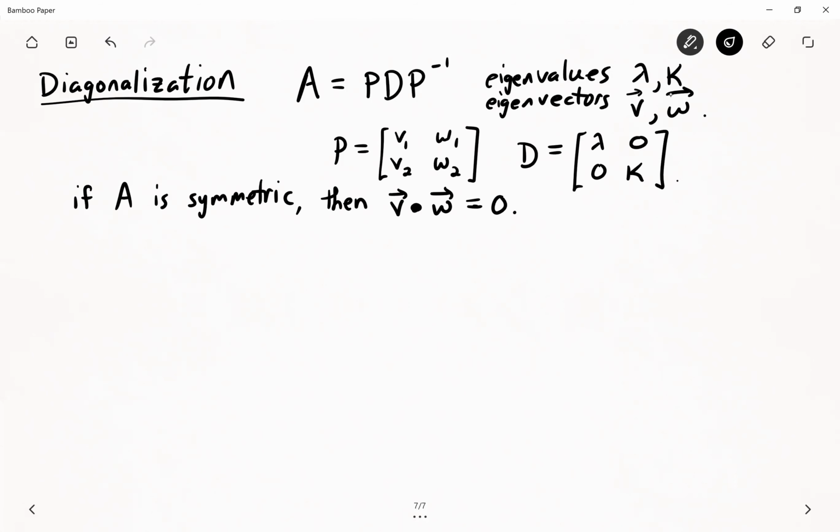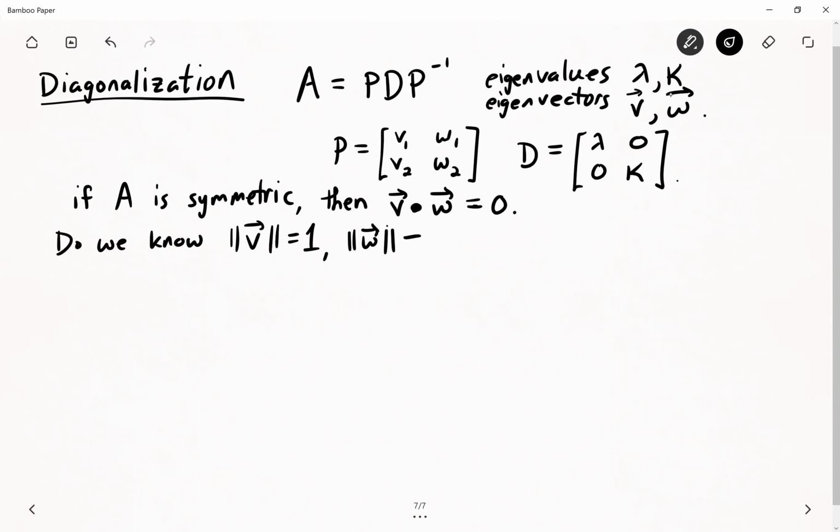But there's one question you might be wondering: how would we know if the eigenvectors have length 1? Do we know? If the length of V is 1, or the length of W is equal to 1? Right? Maybe it is, maybe it isn't. Do we actually have control over that? And the happy answer is that truly we do.